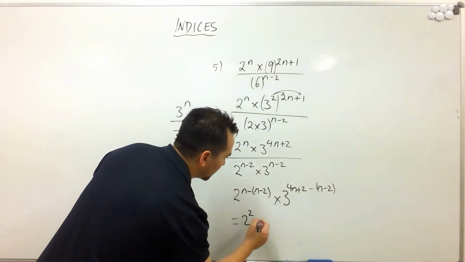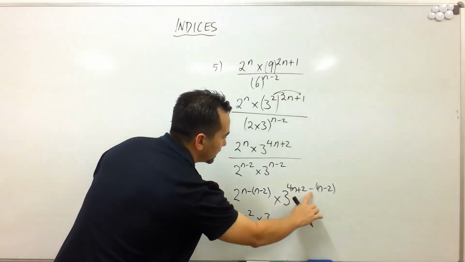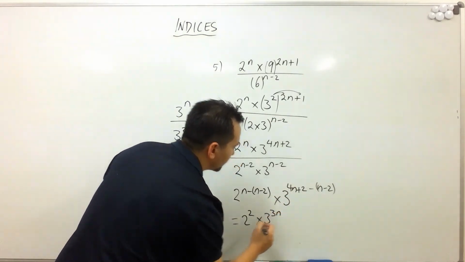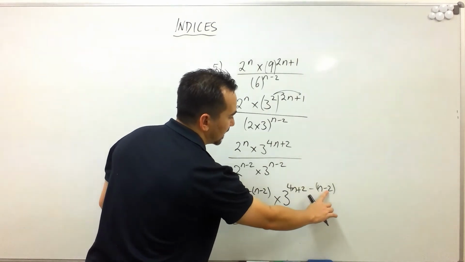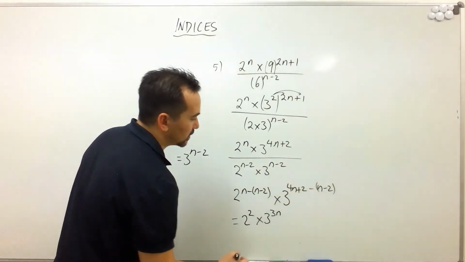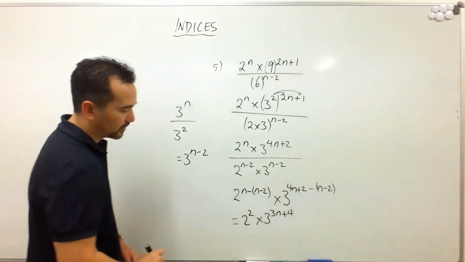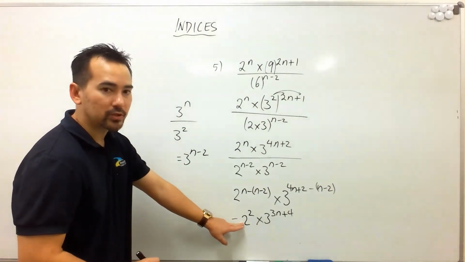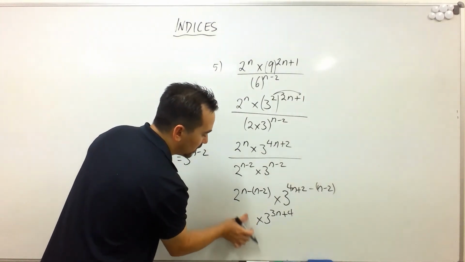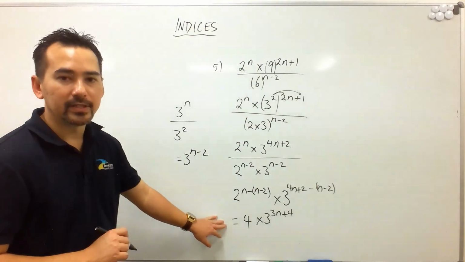That's going to simplify to be 3 to the power, 4n take away n is 3n. And a positive 2 take away a negative 2 is the same as adding 2, so I get a 4. Okay? And that's pretty much it. I mean, I could change the 2 squared into a 4, like so, but that there is our final answer.